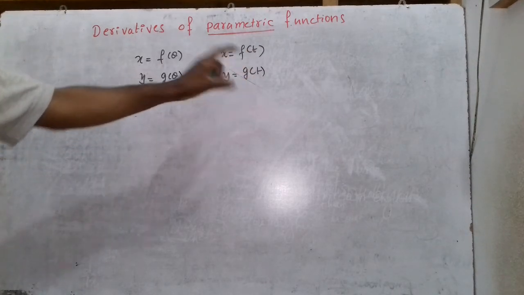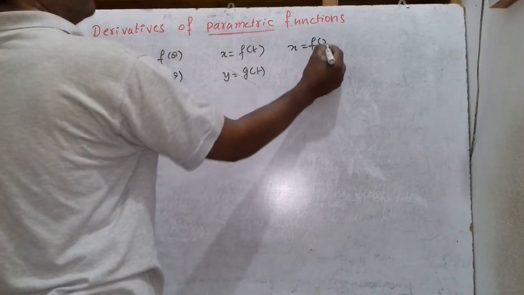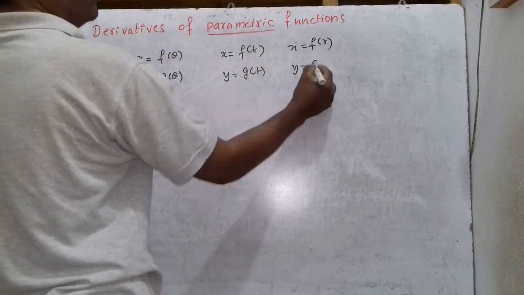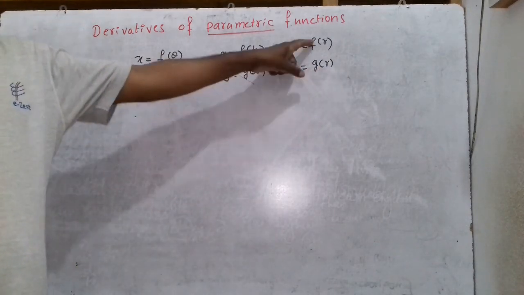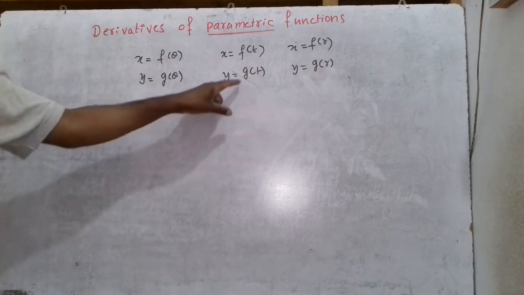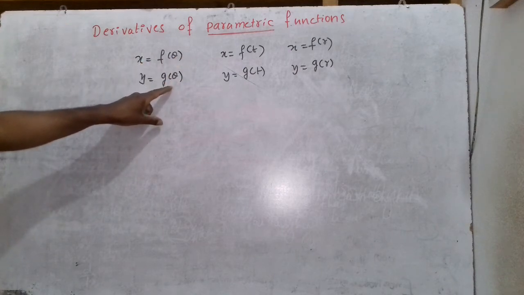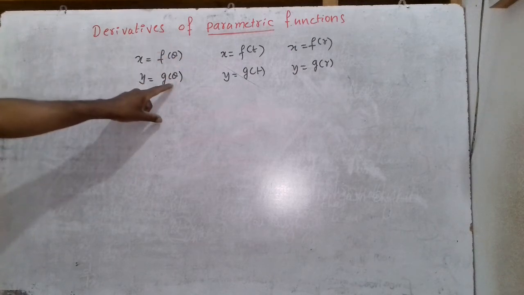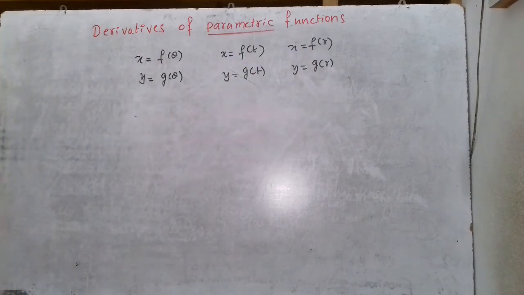If we take x equal to f of r, y equal to g of r, here the common parameter is r. They are functions of r, of t, of theta. The common parameter is theta, t, or r.